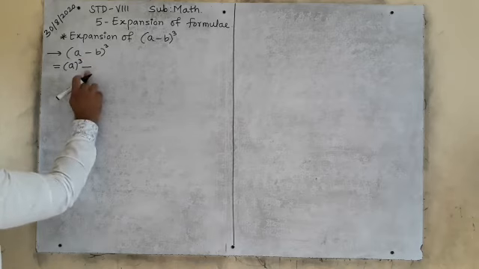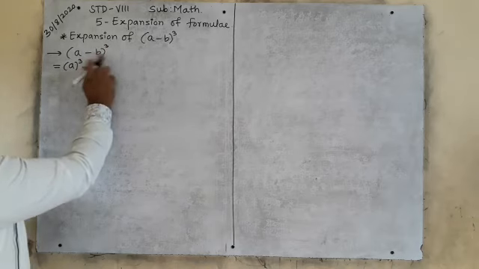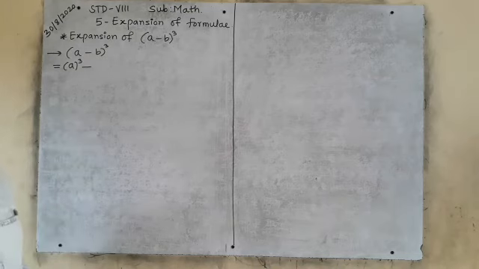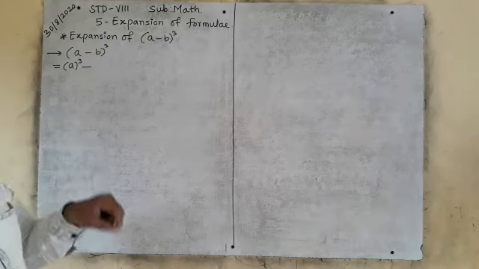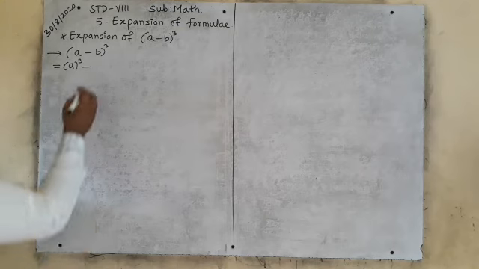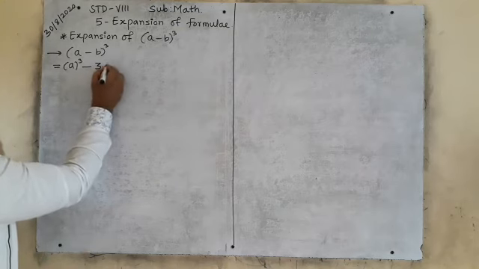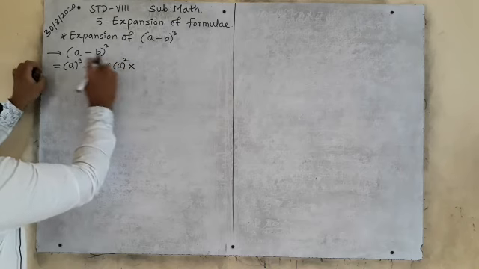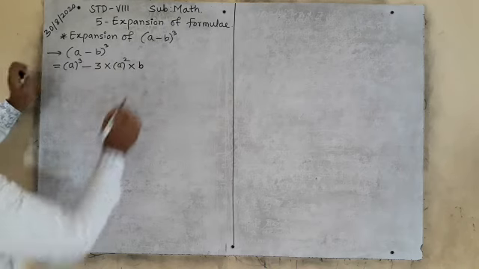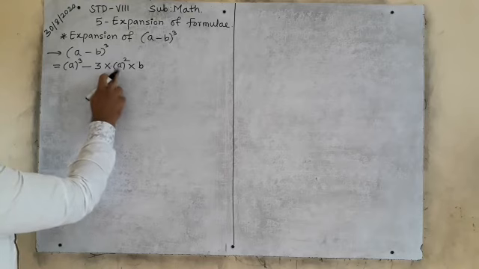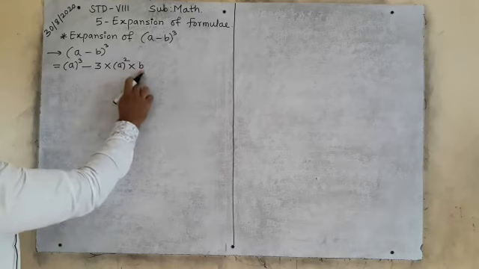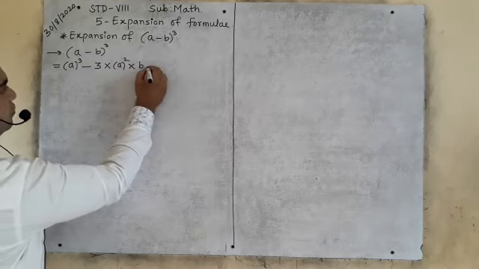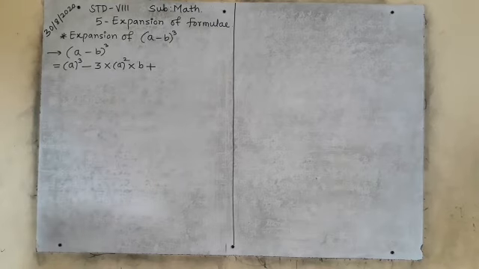Now you will give this cube to both the terms in the multiplication form, but first term will carry the square. See how? 3 multiplied by first term square, multiplied by second term b. Then you will do here plus.